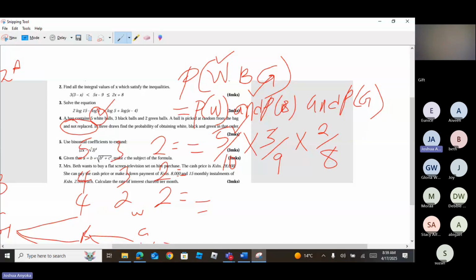So this one gives us 1, 3, 1, 4. So we have 5 over, no. 10 times 3, 30 times 4, 120. Is that true?